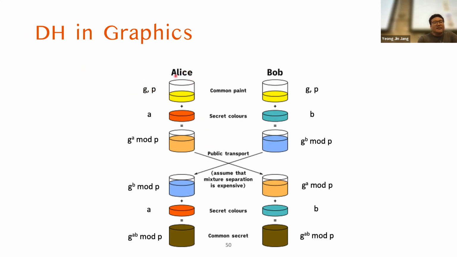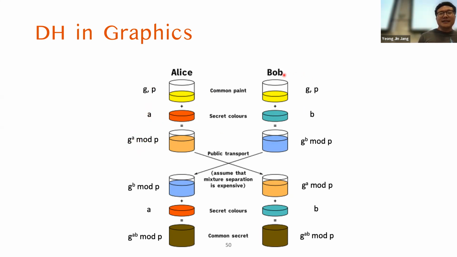Then Alice will choose a random number A, and Bob will choose a random number B. It's in a different color, so it's a secret, and we will never leak this information to others. But what we will calculate is G exponent A, modulo P. We know G and P are public, and Alice knows her own secret A, so we can calculate this.